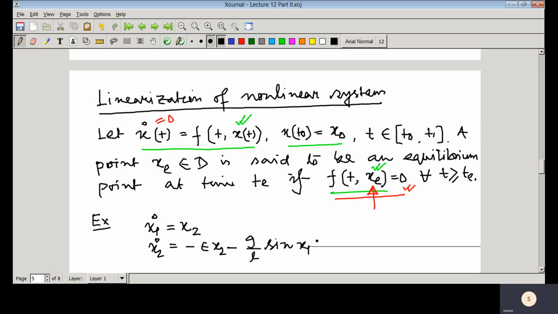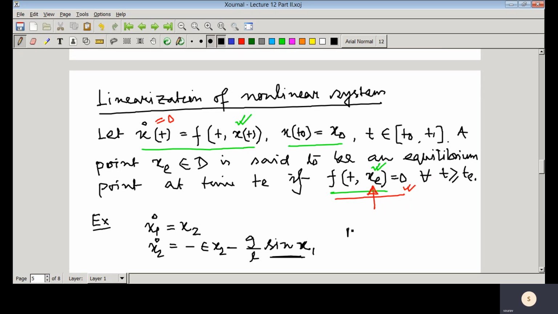From this state equation, it is clear that it is not a linear system, because you can see the term sin of x1. You cannot write it in the form x dot equal to Ax plus Bu. So this is a nonlinear system and we are interested to find the equilibrium points.